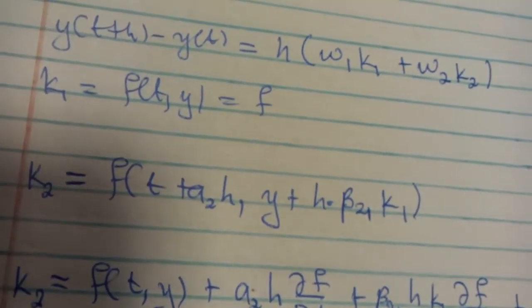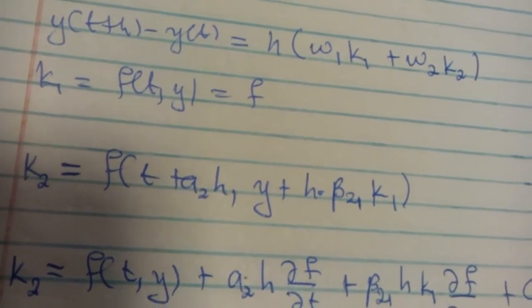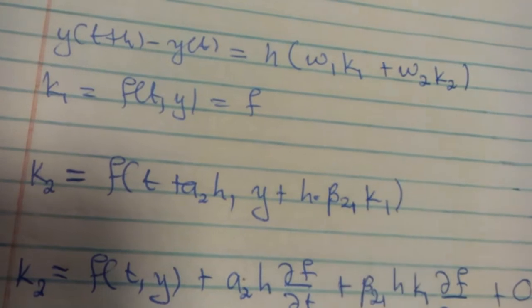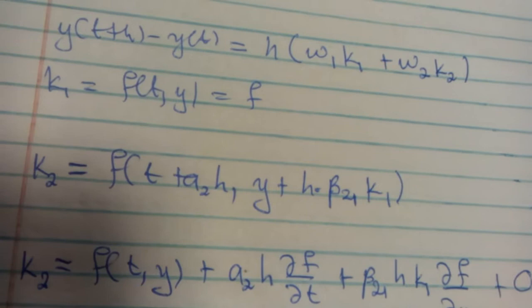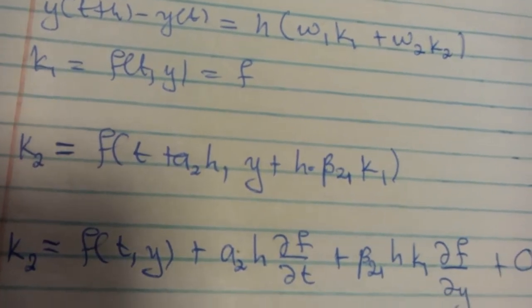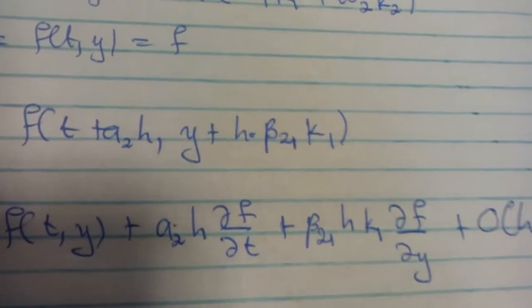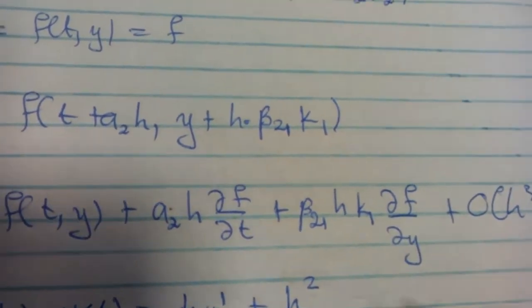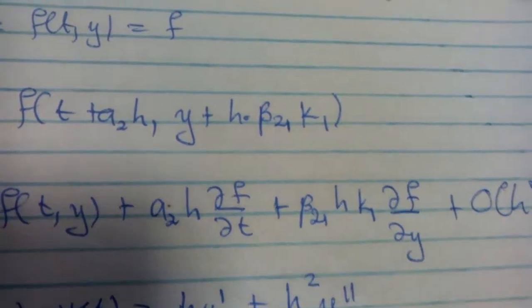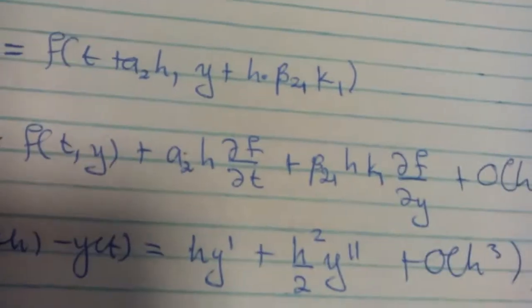Right, comparing this now, in fact, taking y(t plus h) minus y(t), and we truncate for all third order terms. We keep up to h squared, that's all the O(h cubed) terms.